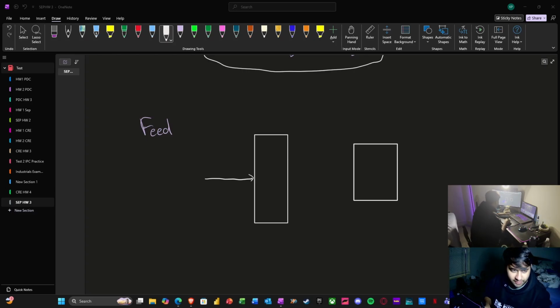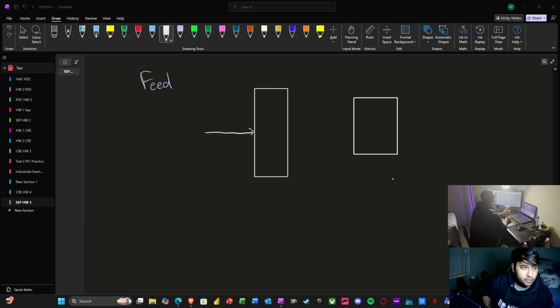Now we're going to look at our feed section. So we're going to go ahead and label this. This is going to be our feed going into our column. And basically within the column, we're going to have our vapors moving up, and then we're going to have our liquids coming down.